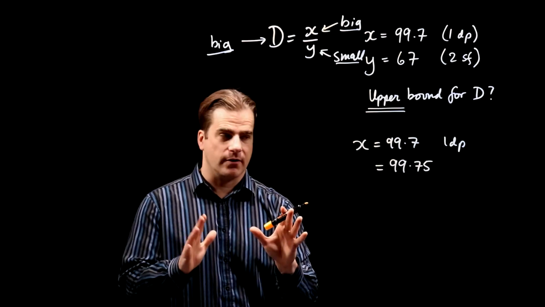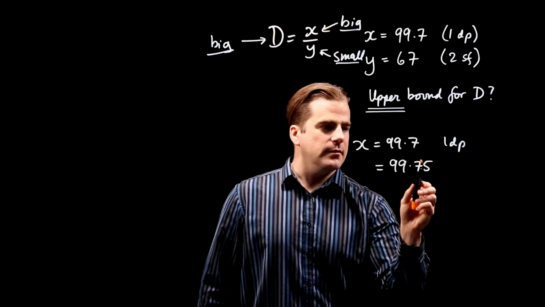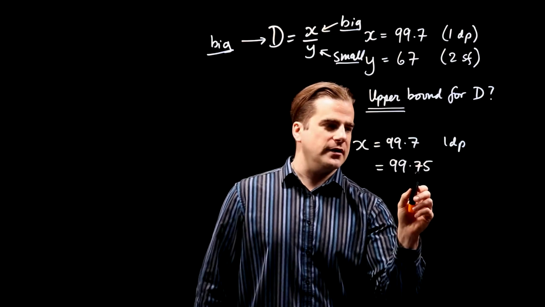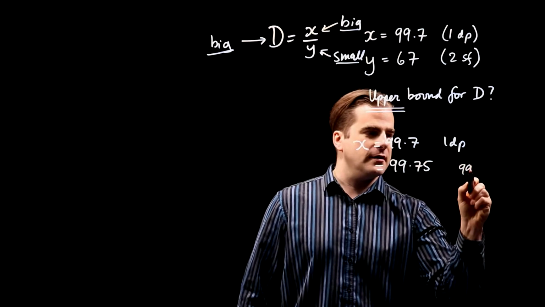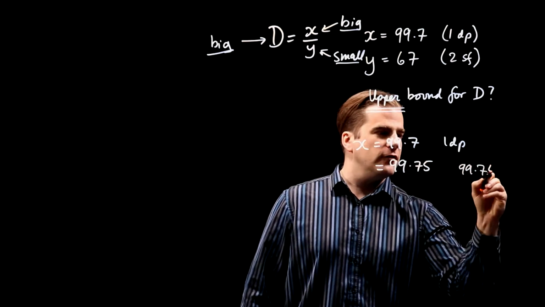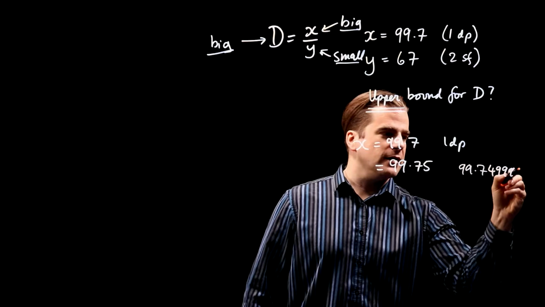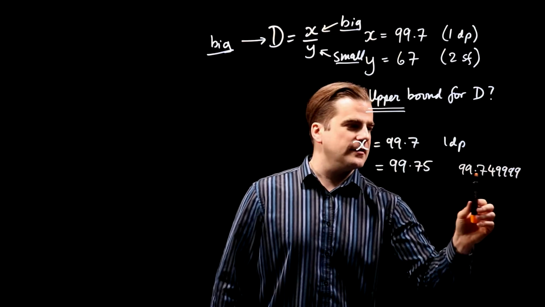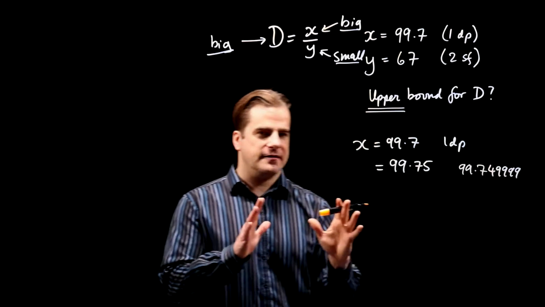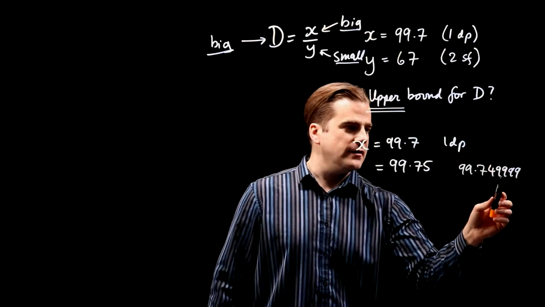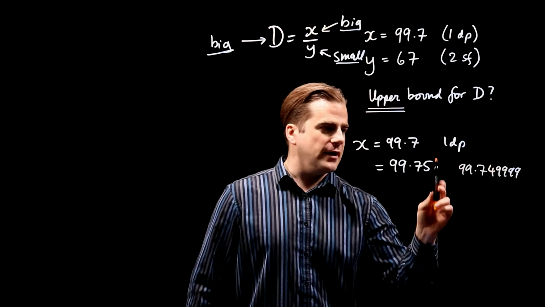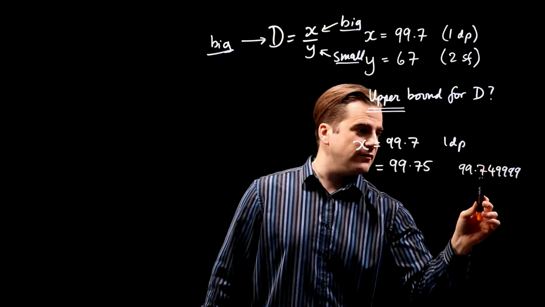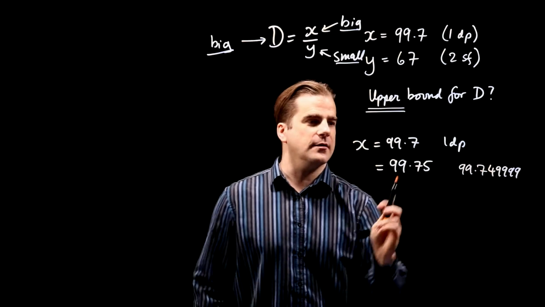You're right, okay? But if it were 99.7499999, that's the biggest possible value it could be if you were asked to give it to 1 dp. That 4 would leave 7 alone, so you would get 99.7.